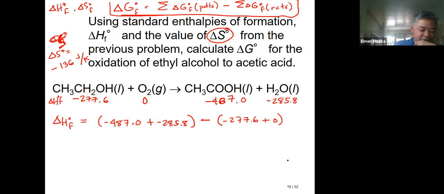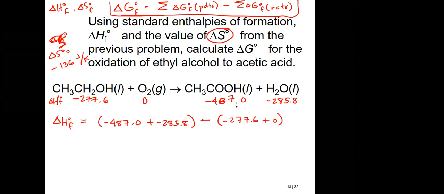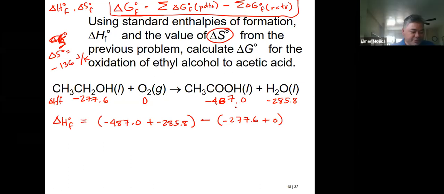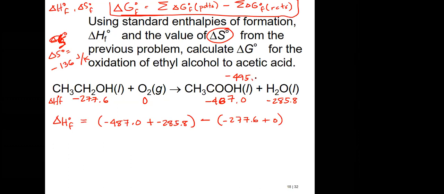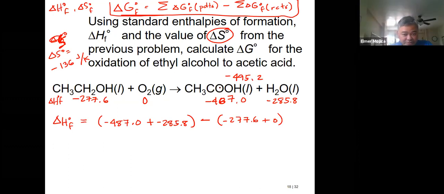So what's the answer that we can get here? Negative 495. Okay, so you get negative 495.2. I asked you to put the point because, remember, this is in kilojoules.